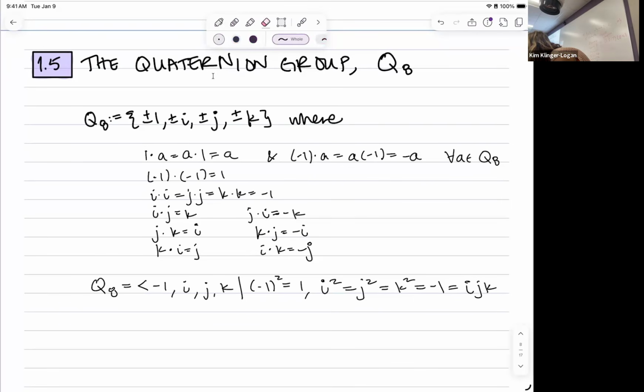Those are the minimal relations that I need to state hold for i, j, and k in order to get all of these. If I remember this exercise properly, I don't think it was required, just a suggested exercise. What you need to do is basically show that given just these relations, you can actually get all of these other ones as well. They follow directly from these generators and these relations and the fact that the group is closed.